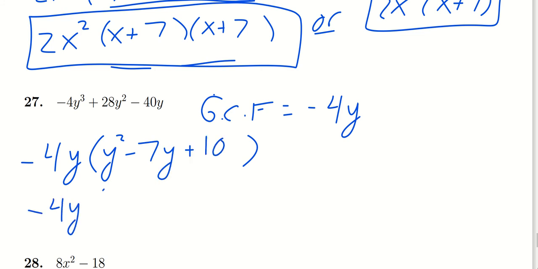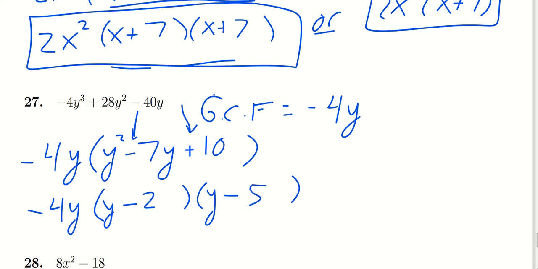That trinomial portion will factor even more as a y and a y. Because the last term is positive, that tells us that our signs have to be the same. But to get a negative middle term, they're both going to have to be negative. And the factors of 10 that will give us negative 7 are going to be negative 2 times negative 5.